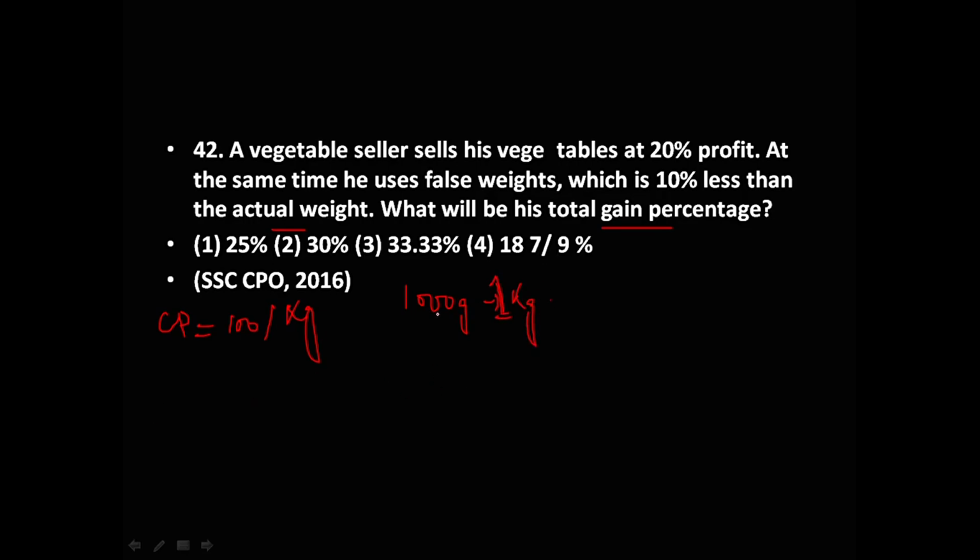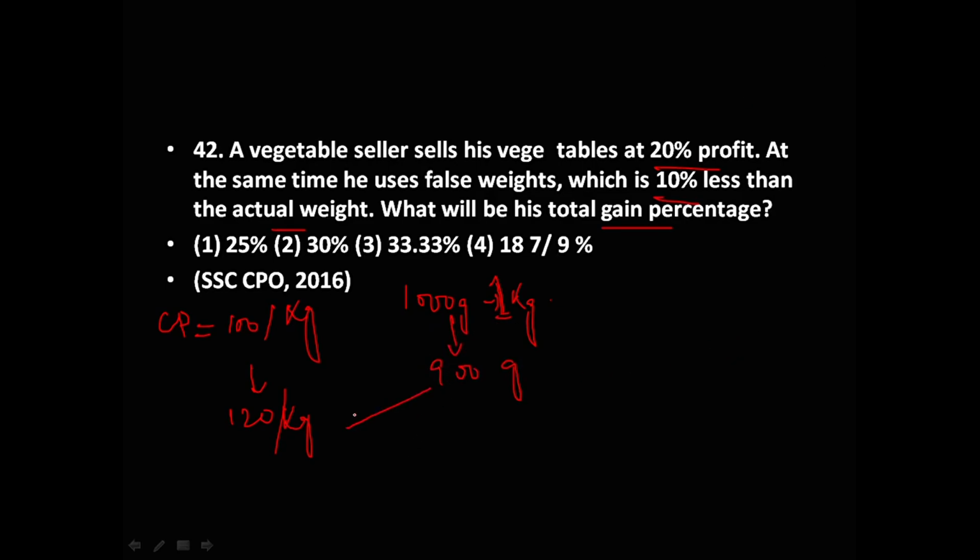Clear? So his profit is 20%, right? So 100 will be sold as 120 per kg, and using his false weight 10% less than the actual, so 90. So not 90, it is 900 gram. Clear?